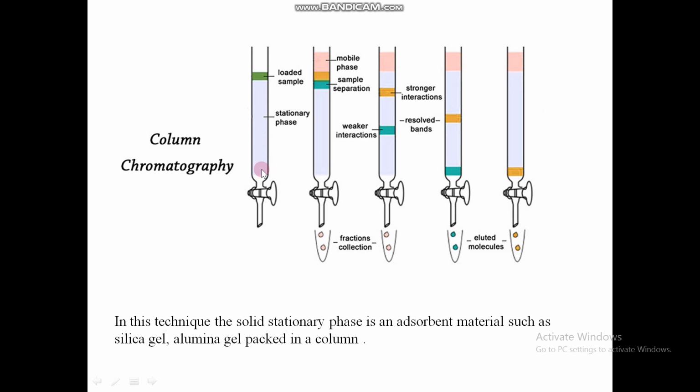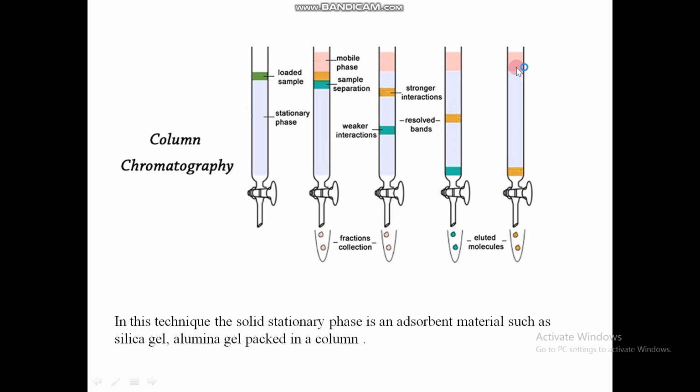As a result, different components are adsorbed at different heights, forming bands. A weaker interaction means the component is weak to interact with the stationary phase, so it moves along with the mobile phase easily and we can collect it here.